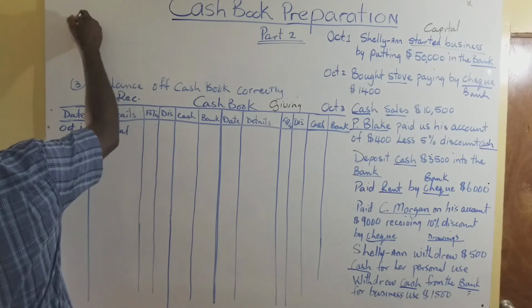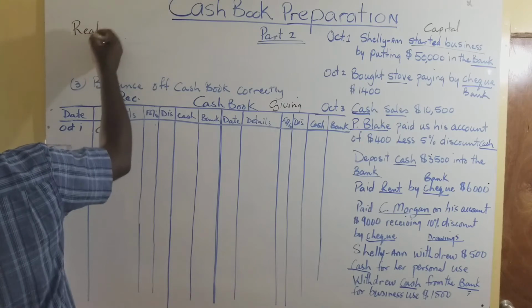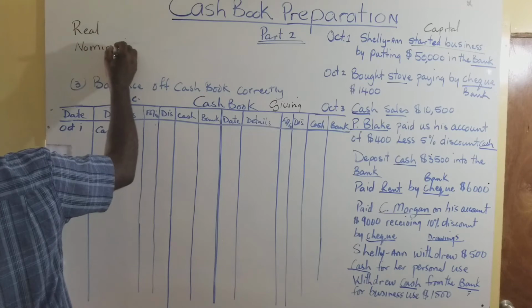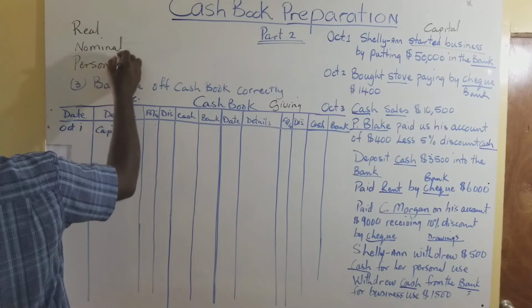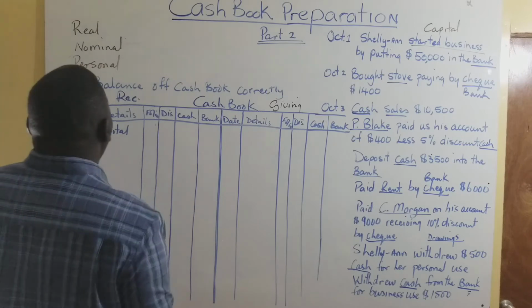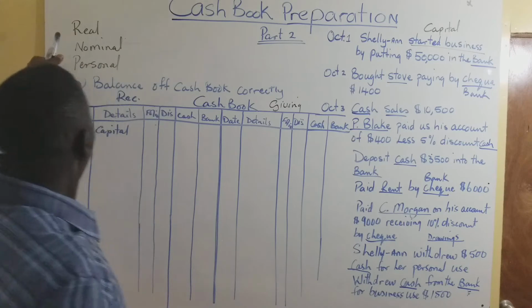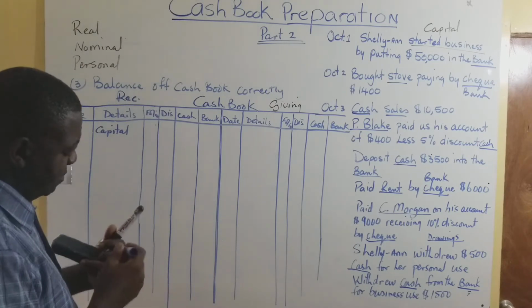We have what is known as real accounts, nominal accounts, and we have personal accounts, right? These are the three types of accounts: the real, nominal, and personal accounts.